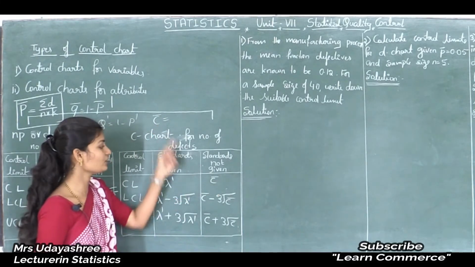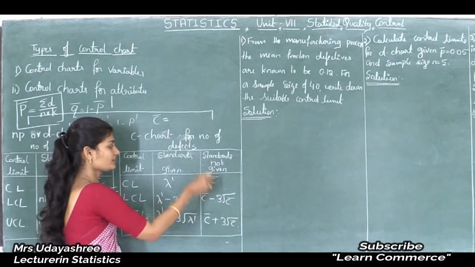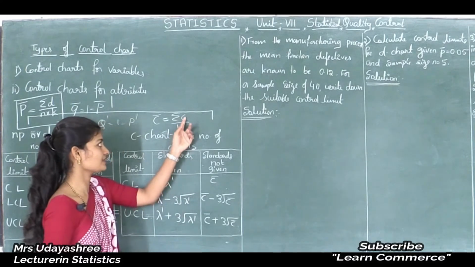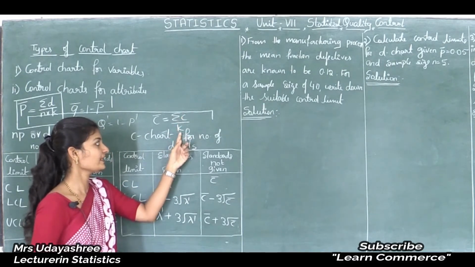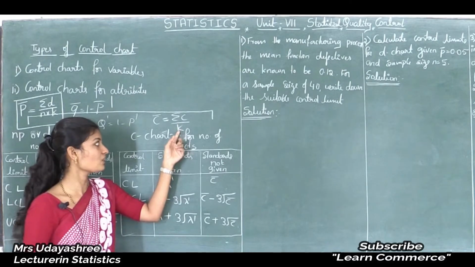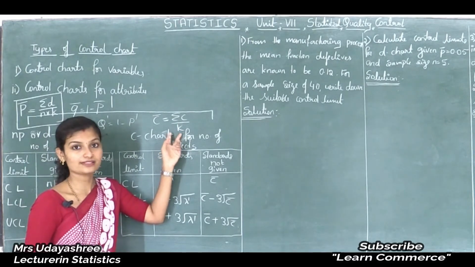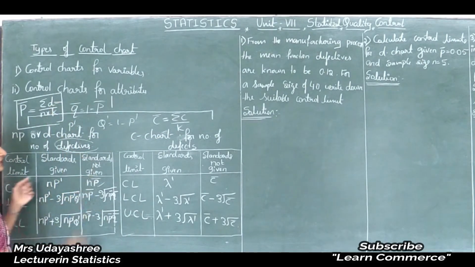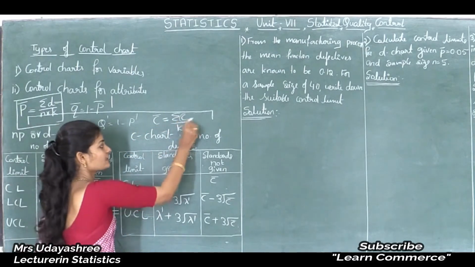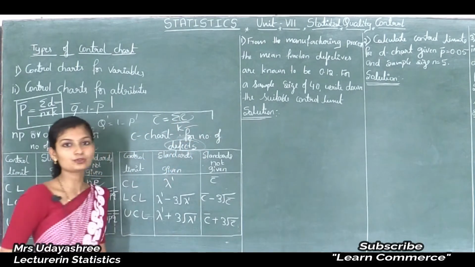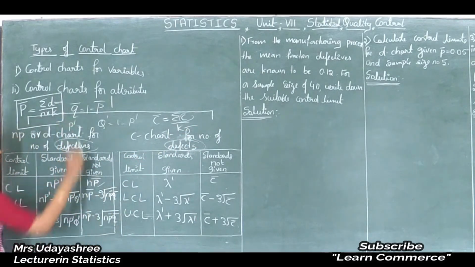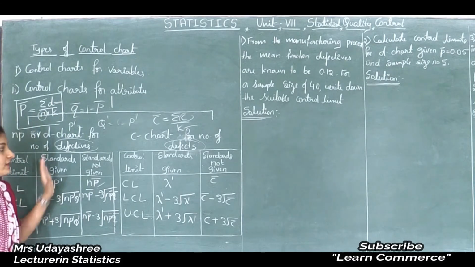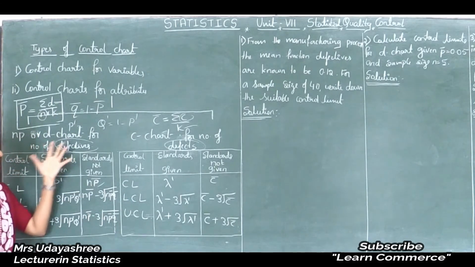C bar is summation C divided by K. Summation C is the defects, and K is the number of subgroups or sample groups. So D is defectives, C is defects, K is the subgroup number or sample number, and N is the sample size. Okay, this is all about the NP or D chart and C chart.